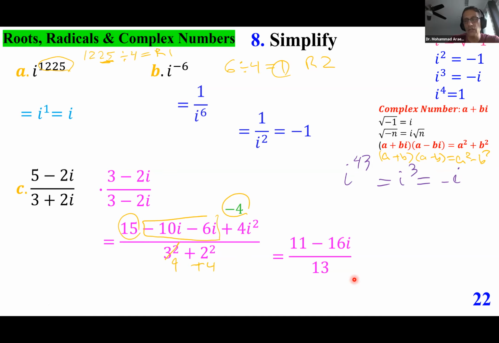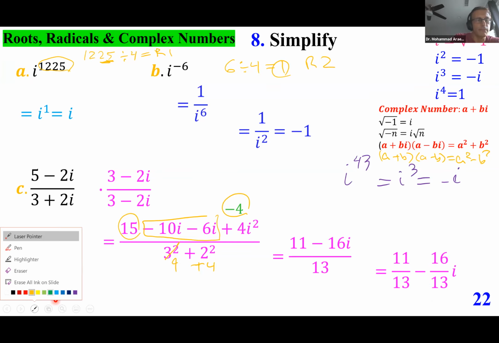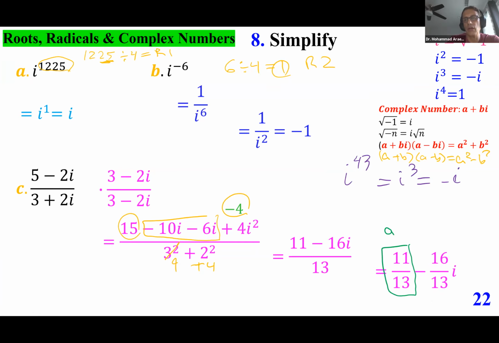If you can't, you must rewrite it in this fashion because a is 11 over 13, b is minus 16 over 13. This is the value of a. This is the value of b, including the sign. So negative 16 over 13.